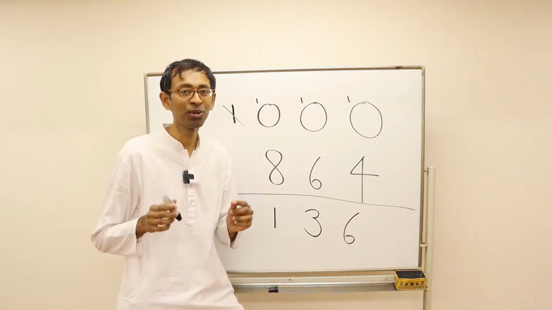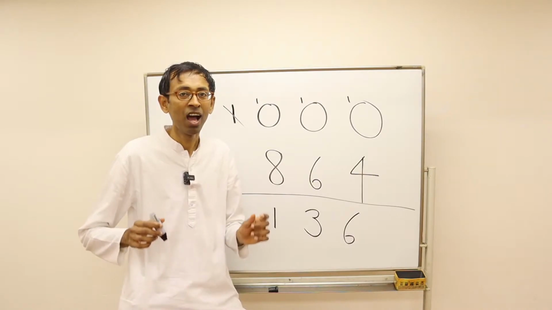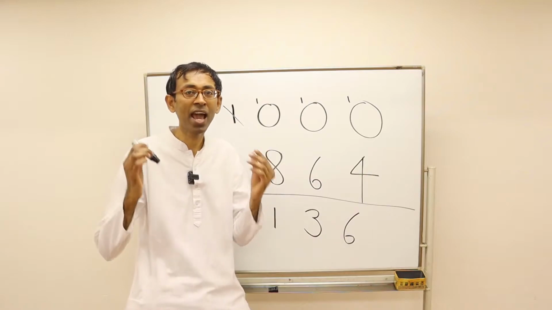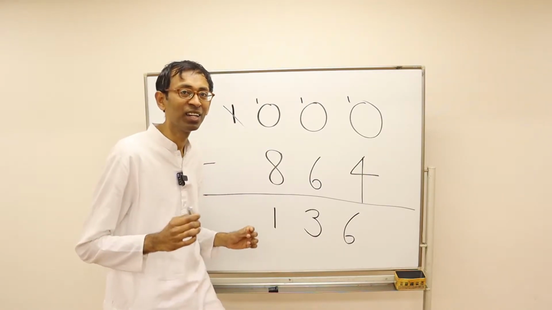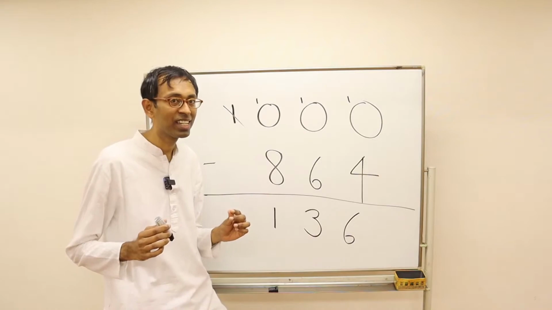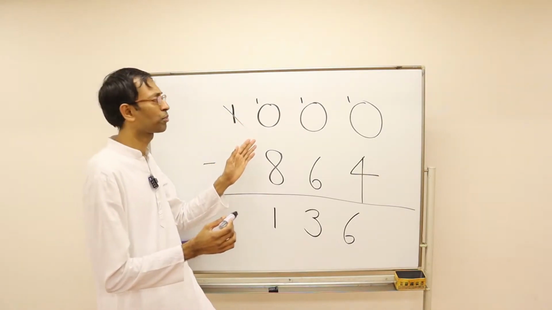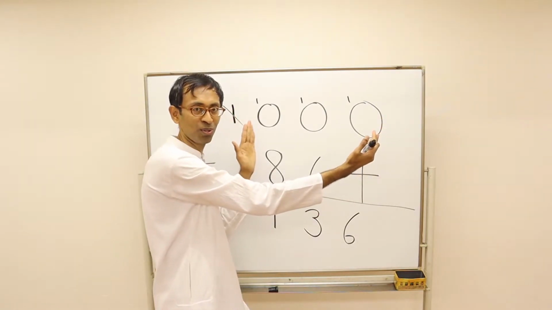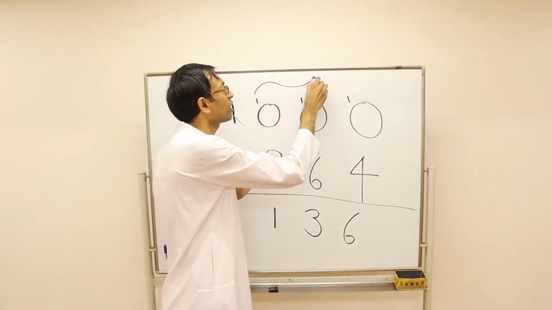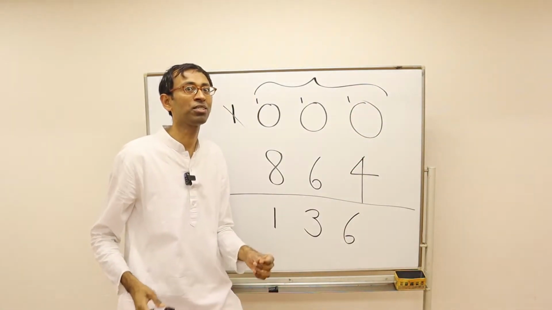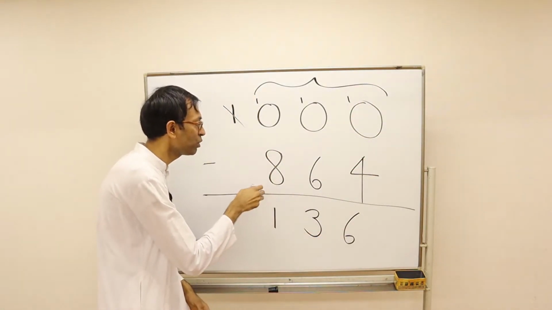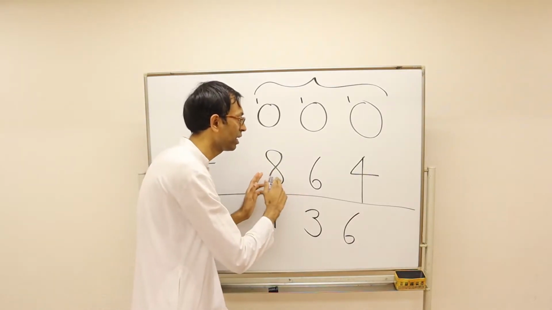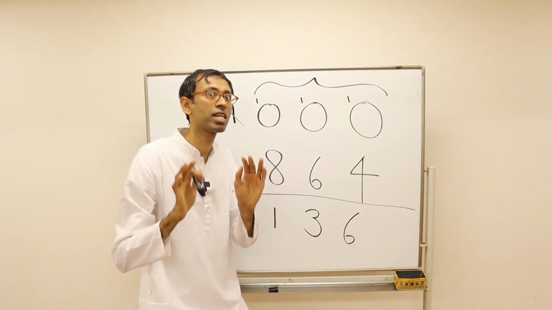The golden rule is all from 9, last from 10. Okay? You got it? What does it mean? In this kind of problems where we are actually subtracting a number from lots of zeros, in this part of the problem, what you need to do is you simply have to subtract these digits from 9 and the last digit from 10.